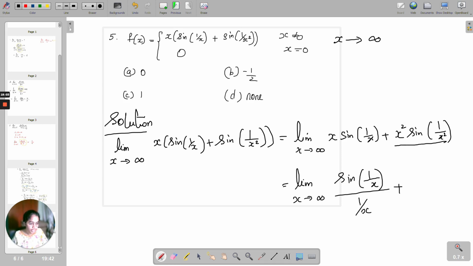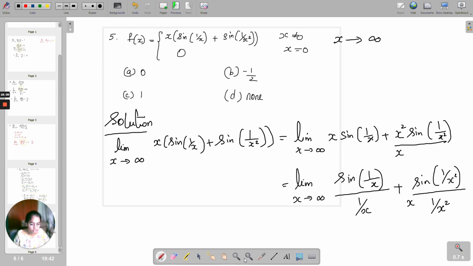If I take x to the denominator, I would get 1 divided by x, right? But here I have x square, so I would want in the denominator 1 divided by x square, right? That is why first I multiplied and divided it with x.